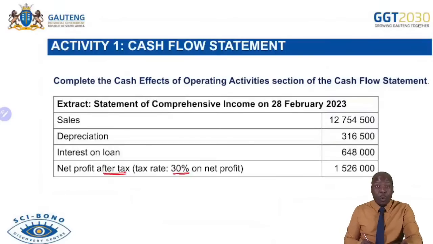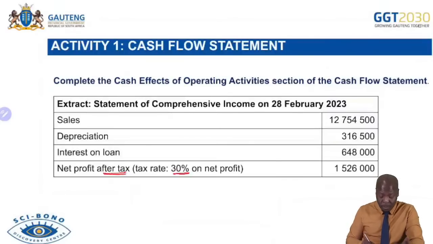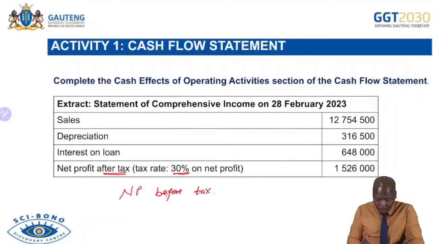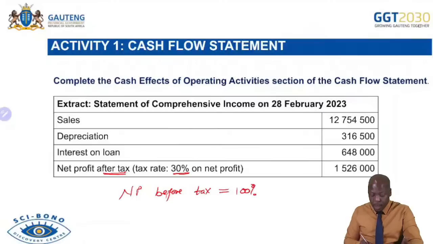That means you have to understand very important principles, that you have what is known as your net profit. I'm just going to write net profit before tax, and this is 100%. Your net profit before tax is 100%.